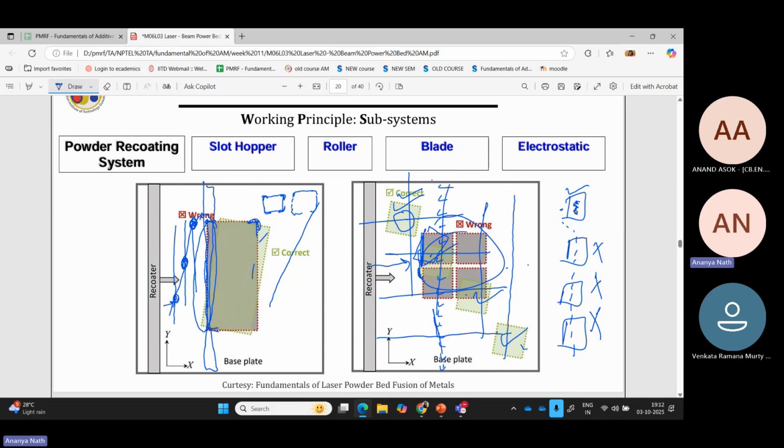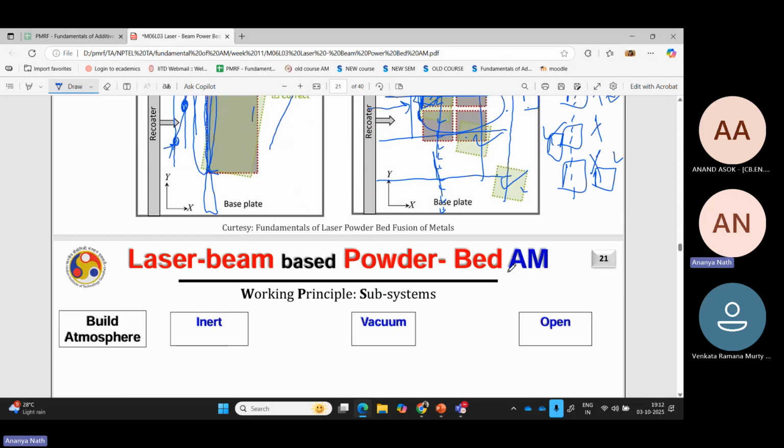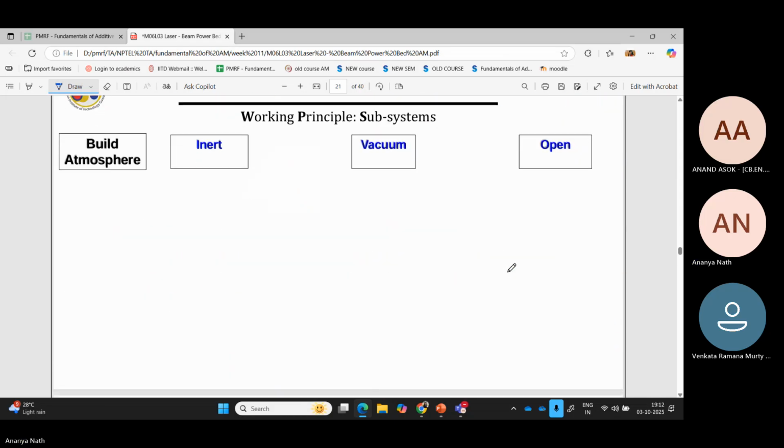If this part is bad, if the parameter for this part is not good, I can stop this part in between the printing, and if I orient the parts like this instead, then I can at least print other parts. So that's why it's very important how you are placing the parts on top of the build plate.